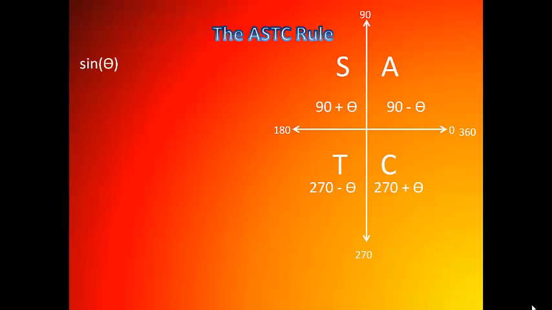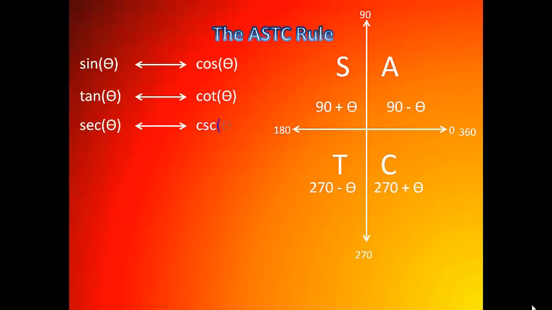The y-axis is a crazy axis, so it will change sine into cosine, and in the same way it will change cosine into sine. The y-axis will change tan into cotan, and also cotan into tan, and sec into cosec, and similarly cosec into sec.